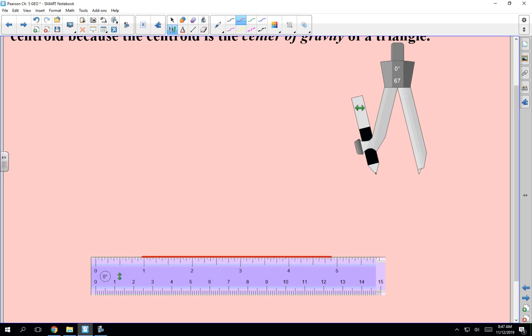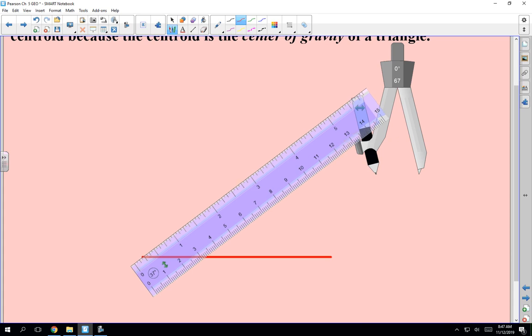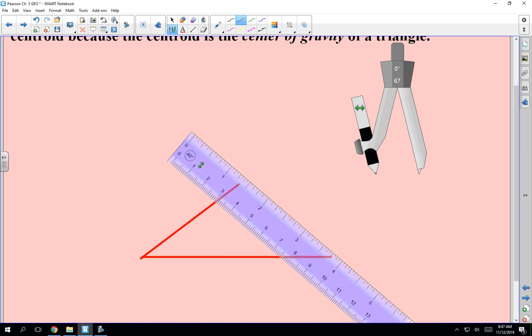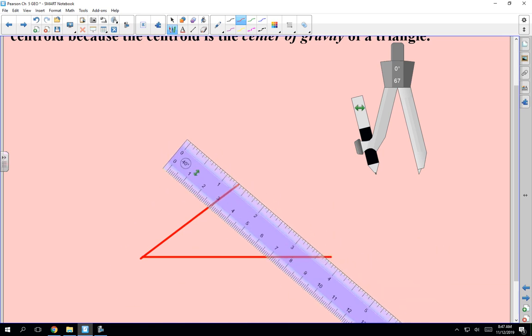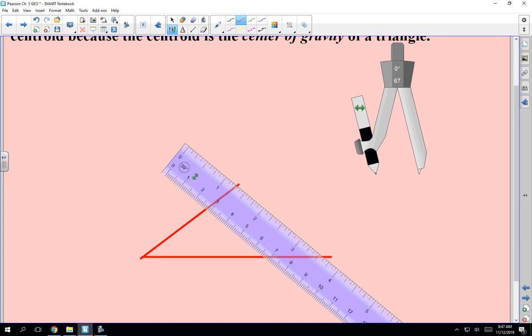So draw a triangle. It'd probably be best if it were not equilateral. Everybody try an equilateral.